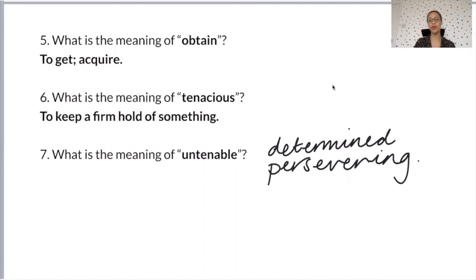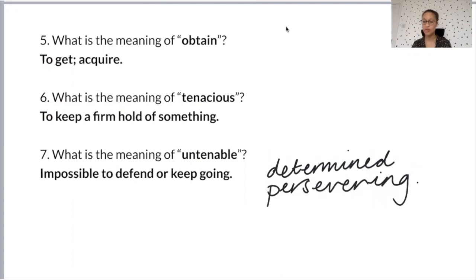And also, if you have an argument that's not a very strong argument, like you're not making good points, then your argument is untenable. You can't continue to hold on to these ideas. They don't make sense. So untenable, can you write impossible to defend or keep going? Impossible to defend or keep going.